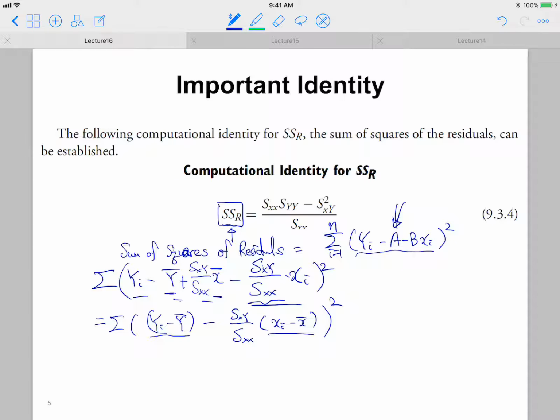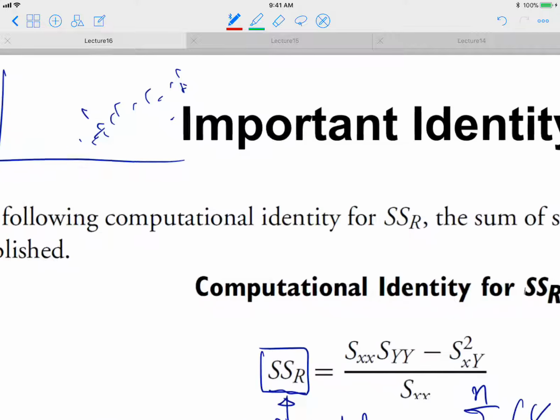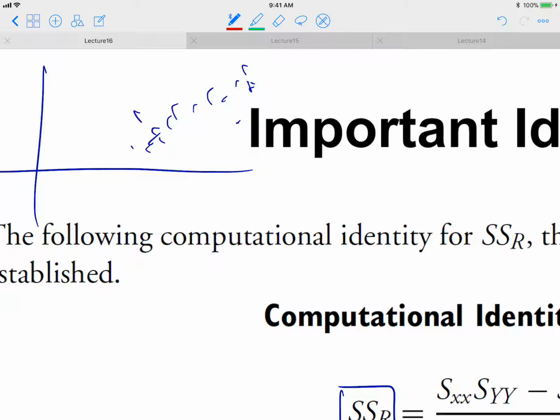So it's nothing but a centered version of x and y. Like if we had some point around here, what will be our sample mean of x? It will be somewhere here, right? And then the mean of y will be somewhere around here. So it's like moving the origin to this point.